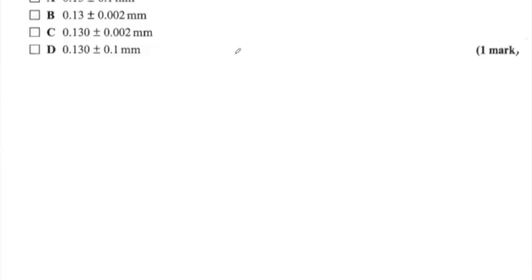Right, in this case, this is a stack of 50 pages, and your accuracy in measuring is plus or minus 0.1 millimeters. The good thing about measuring 50 pages is that when you measure the thickness, you divide it by 50, which has the effect of dividing the absolute error by 50 as well.